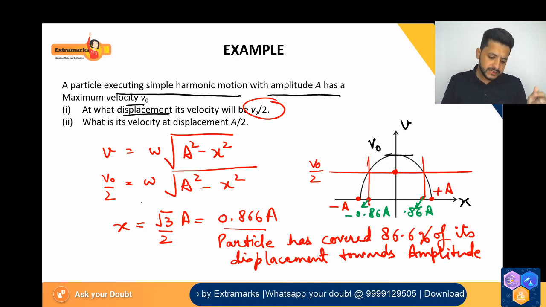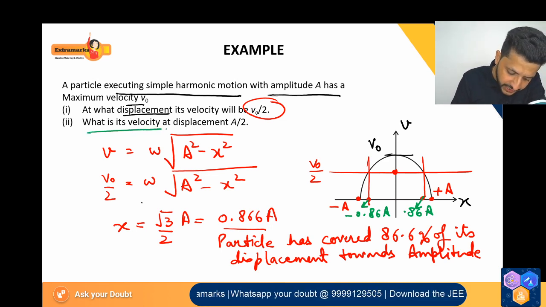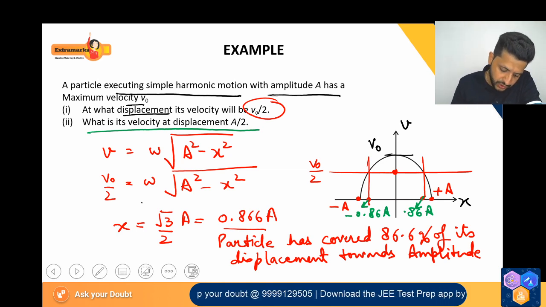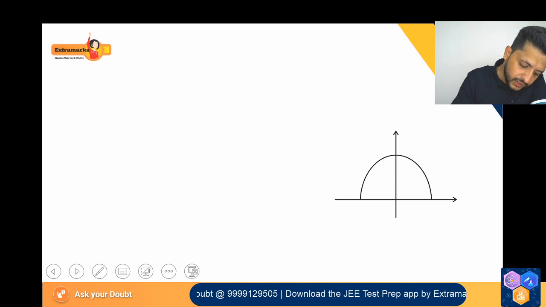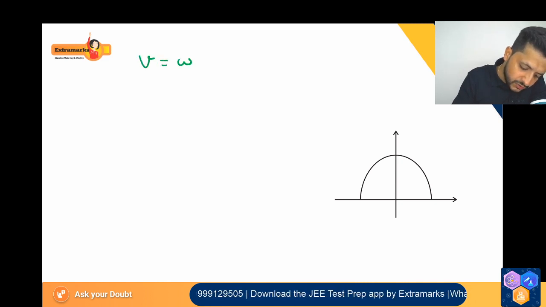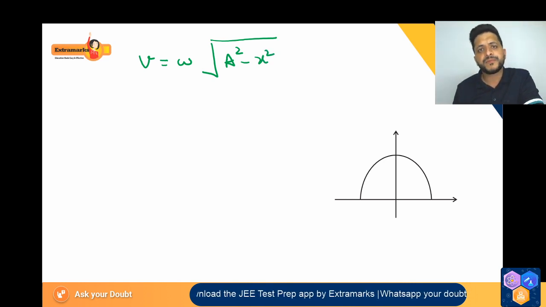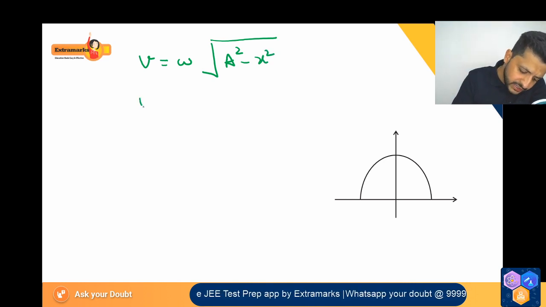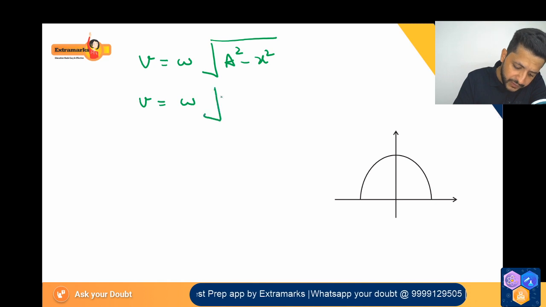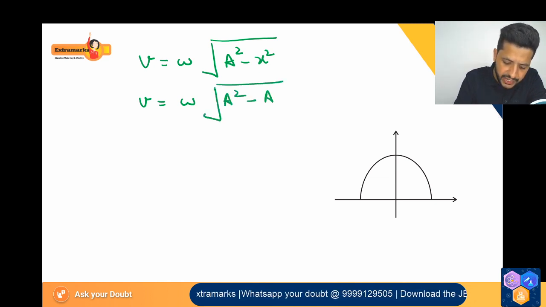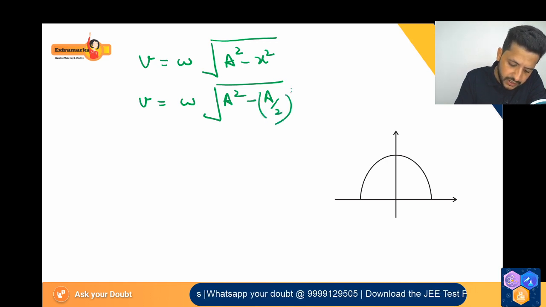Clear? Second part, what is the velocity at displacement A by 2? Reverse case. Now when displacement is A by 2, what is the velocity? So again I will write the expression V equals omega under root of A square minus x square. Now what is the velocity when, instead of x, we write what, beta? A by 2, when the displacement is half.